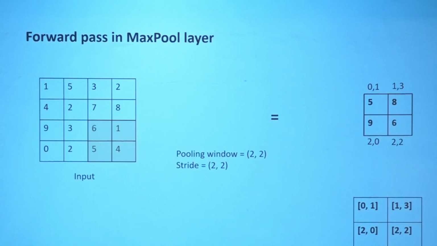It's not such a simple thing. There is one internal step behind this. When the pooling window overlaps the input region, from that region it will extract the index position and adjust it to the entire input for the current window position, so that you will get 0, 1. This 5 you got from index position row 0, first column. Next, this 8 you got from the first row, third column, 1, 3.